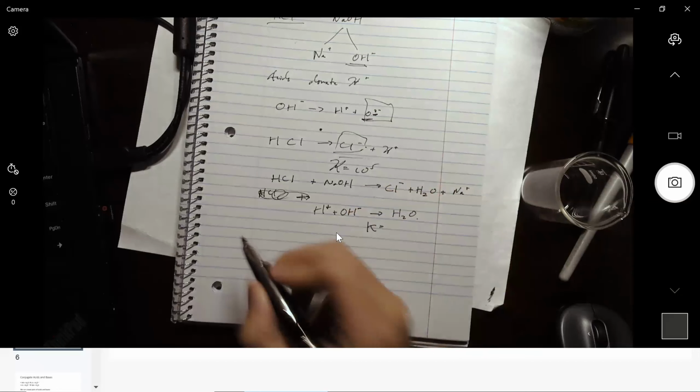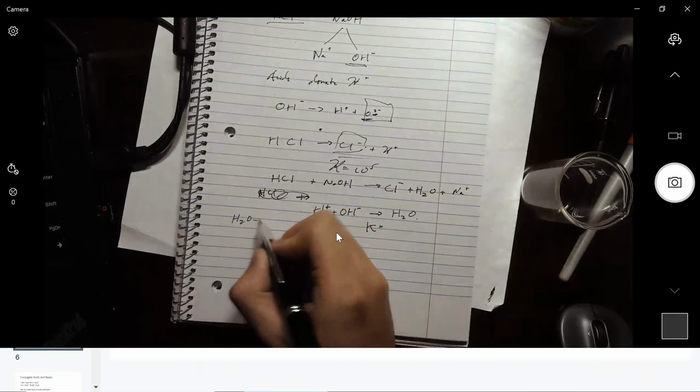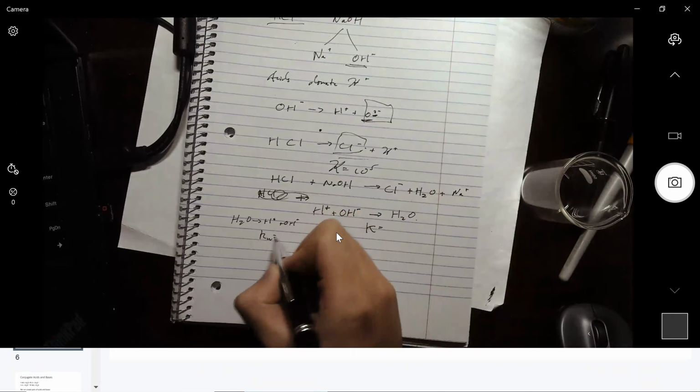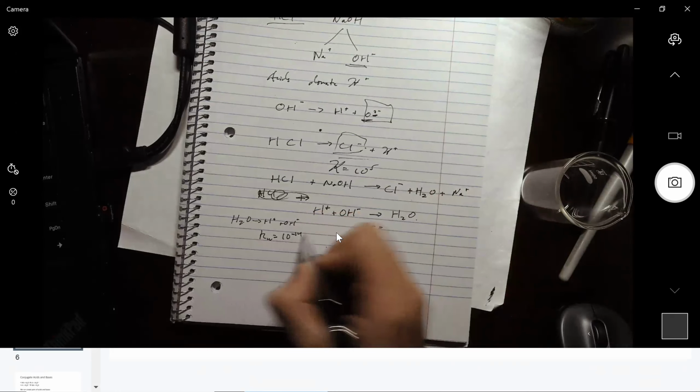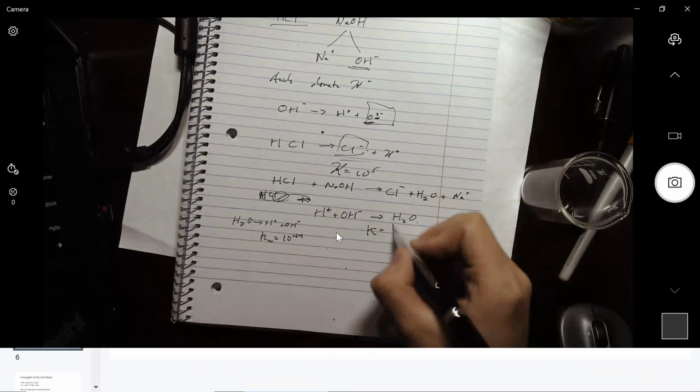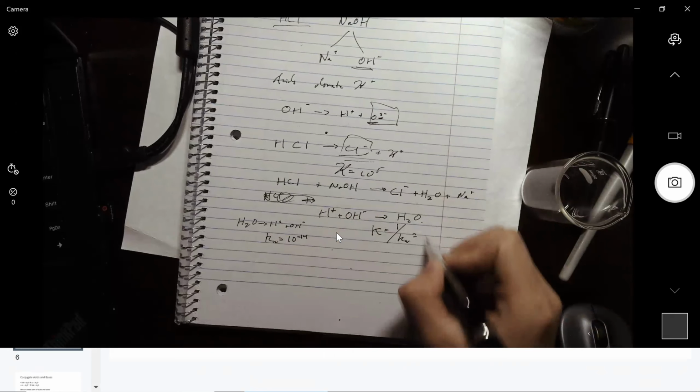The reaction of H2O goes to H+ plus OH- has Kw equals 10 to the minus 14. So this is the reverse of that, so this should have 1 over Kw equals 10 to the 14th.